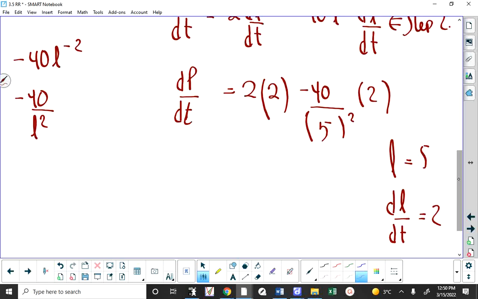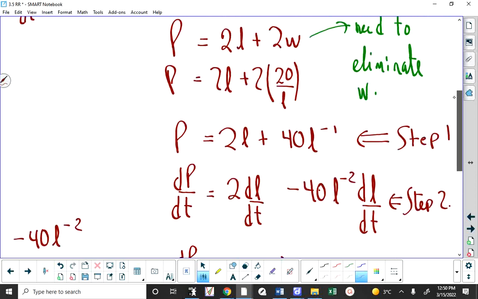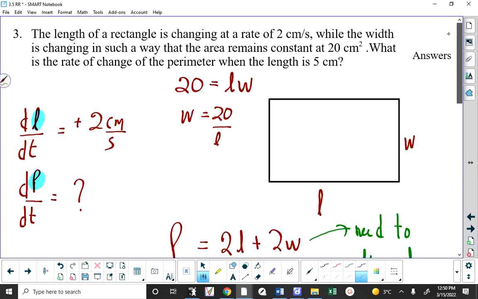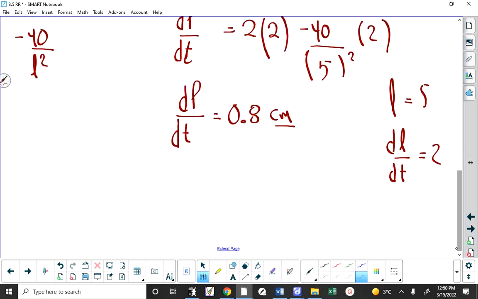So dP/dt is 0.8. That's a perimeter, so that would be units of length per second. Correct me if I'm wrong, all of these numbers and units were in centimeters, okay? So this would be centimeters per second. Does that make sense, Makai?